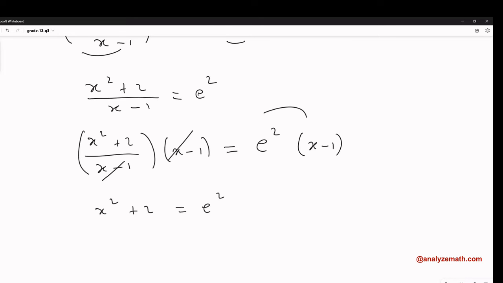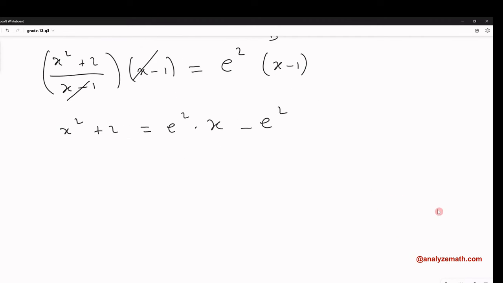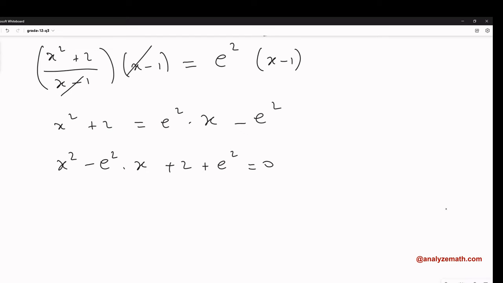Now we expand this one here, minus e². Now let's write this equation in standard form, meaning everything on one side and 0 on the other side. Now this is a quadratic equation, in x² and x.